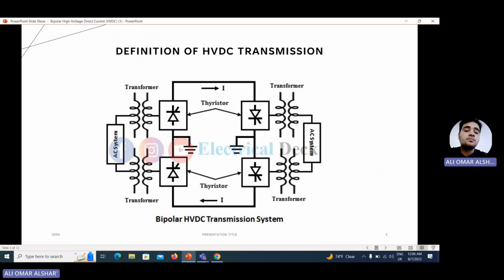Also, we can talk about the losses in the DC transmission line, which are lower than in AC systems. We are using DC lines because we have lower losses in them. For AC lines, we have more power losses.